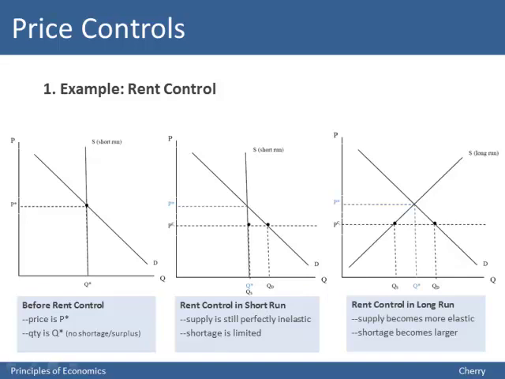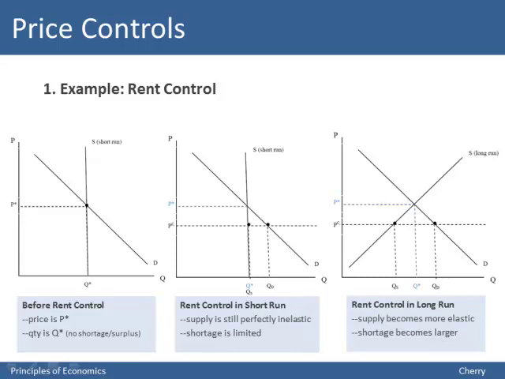So now let's look at when that happens. In the long run, when the landlords have more flexibility, they can either build more units or they can convert existing units to other purposes, or tear down buildings and put in parking lots, or convert residential units to commercial units, or just let them decay over time. Right? So in the long run, supply becomes more elastic and the supply curve flattens out.